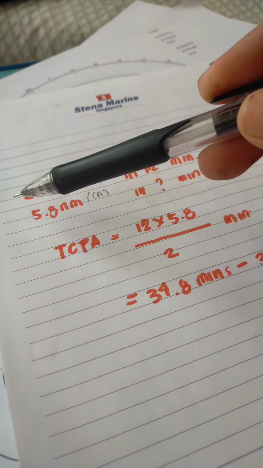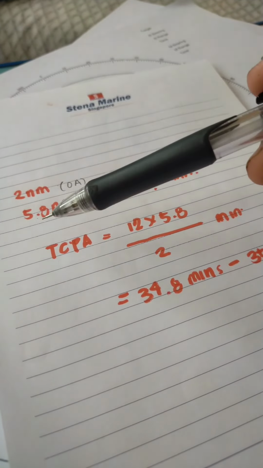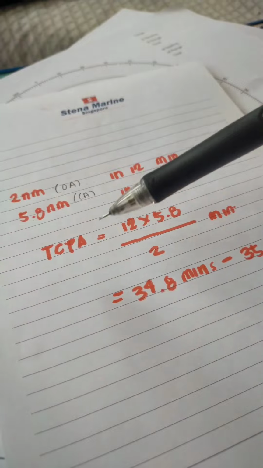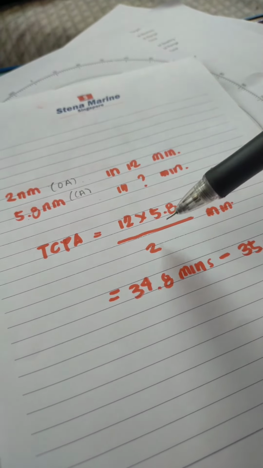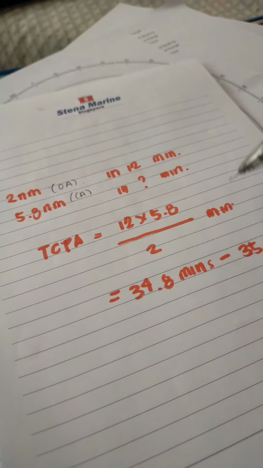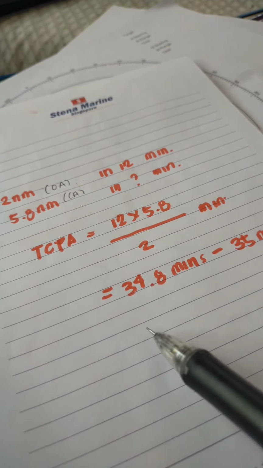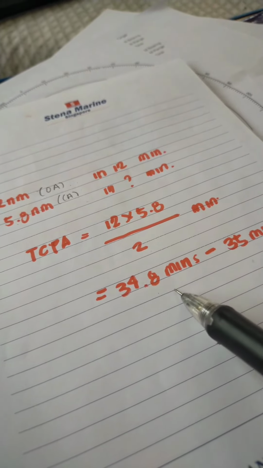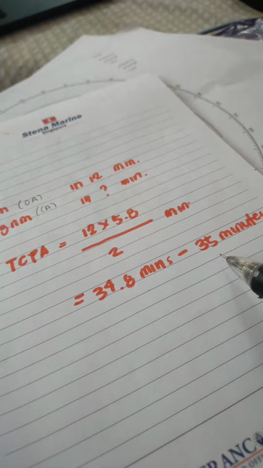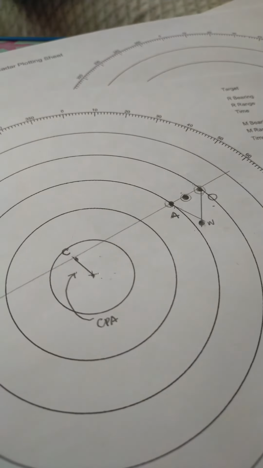We have here 2 nautical miles from the distance point O and A, 5.8 nautical miles point C to A. So TCPA, we have here 12 times 5.8 over 2 minutes. So in just simple calculation, we will be able to arrive with this 34.8 minutes, which will be rounding off to 35 minutes. So this is going to be our TCPA, 35 minutes.